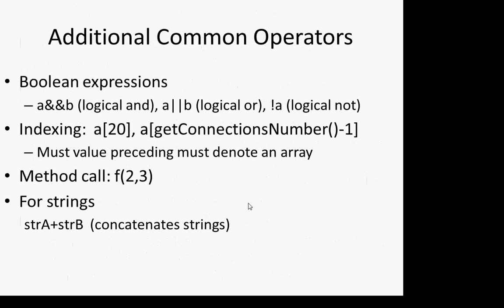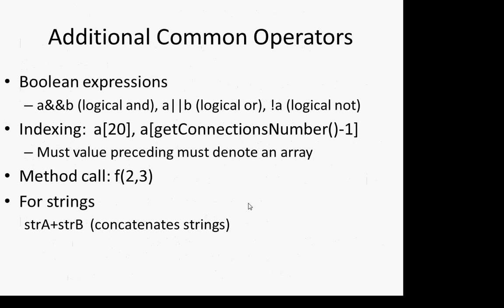A or B, two vertical bars, is a logical or. It's testing whether either A is true or B is true. And exclamation point A is a logical not. It means, is it not true?